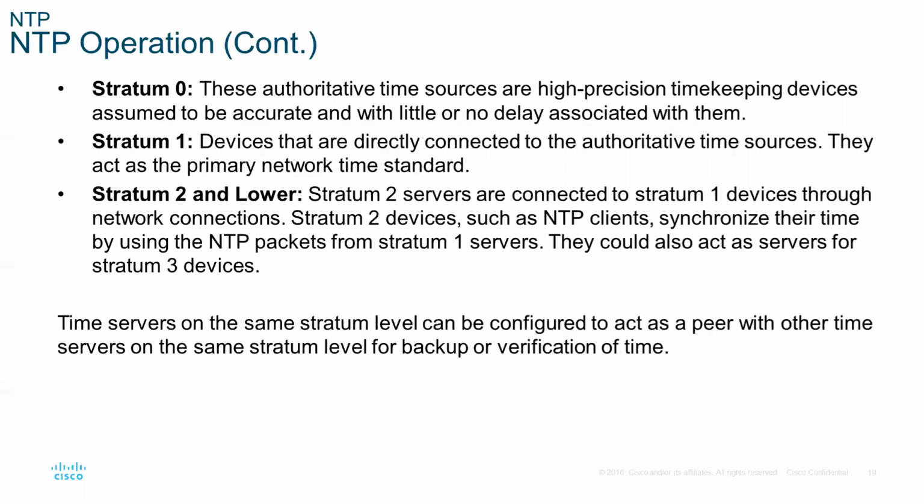They could be other stratum devices or clients, and they use NTP packets from the upper device to synchronize themselves. So stratum 2 devices can act as servers for stratum 3 devices, and so on as you move down.